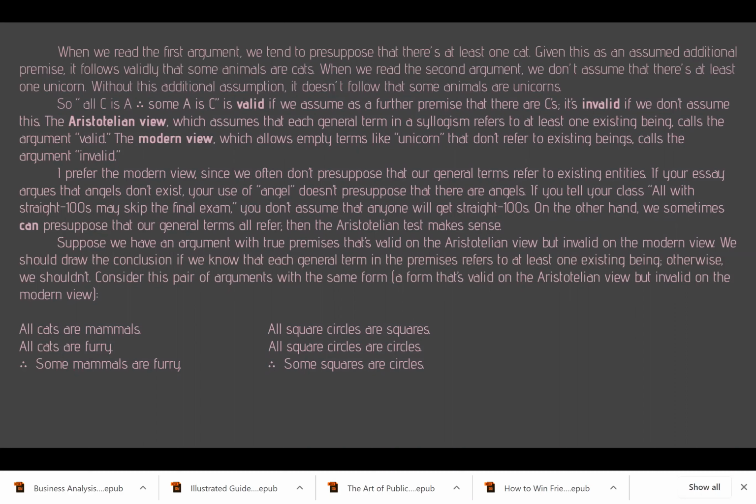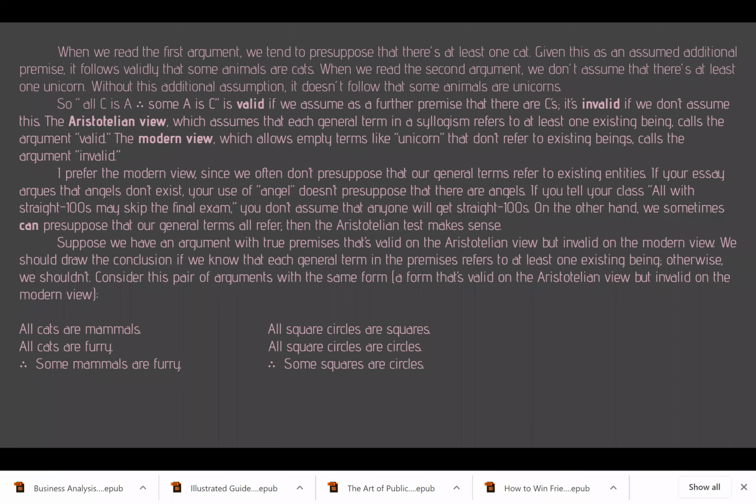If your essay argues that angels don't exist, your use of angel doesn't presuppose that there are angels. If you tell your class all with straight 100s may skip the final exam, you don't assume that anyone will get straight 100s. On the other hand, we sometimes can presuppose that our general terms all refer.